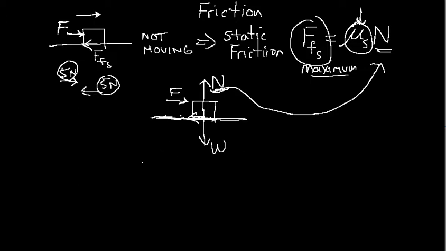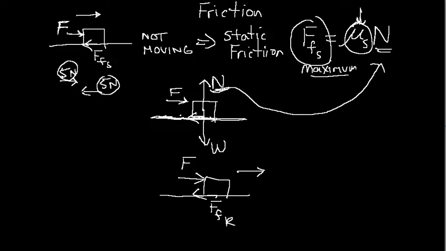Now what happens is, once the box starts to move, static friction is no longer coming into play because there's nothing stationary or static. It's not at rest now. It's finally moving, and something different comes into play. We're pushing it with a force, and now we have a force of friction resisting it, but now it's kinetic friction.